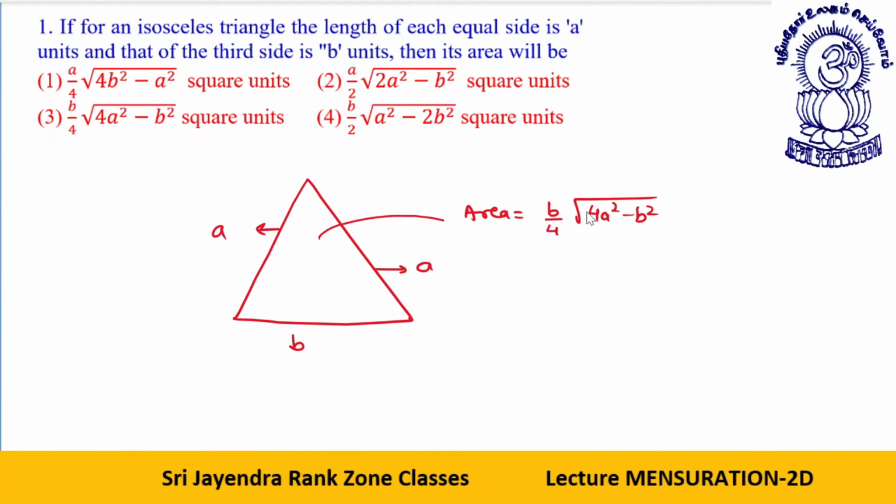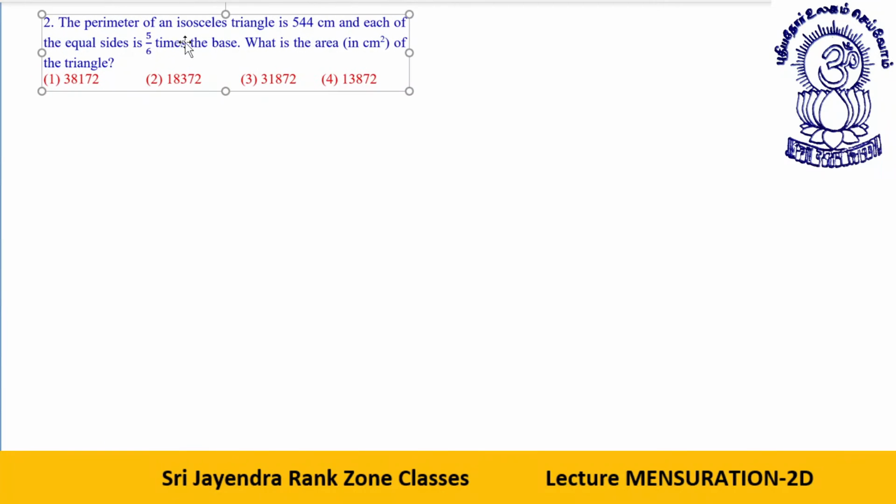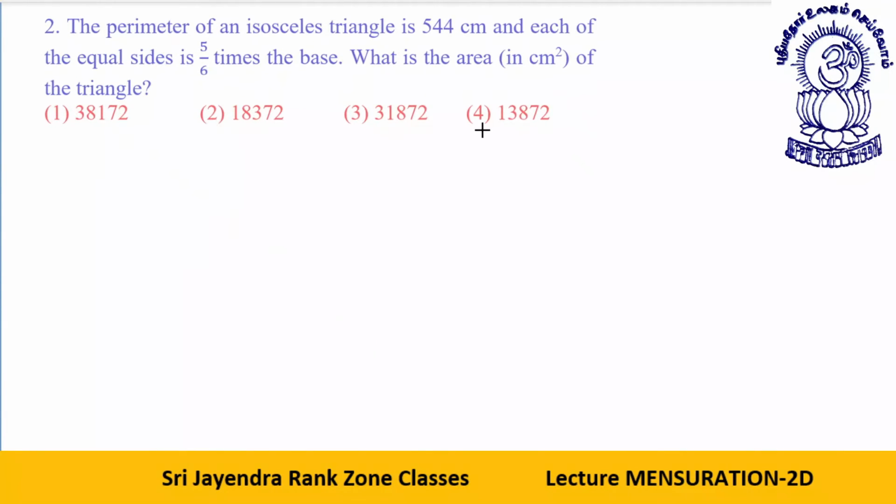Should I take the next one? The perimeter of an isosceles triangle is 544 and each of the equal sides is 5 by 6 times the base. What is the area of that triangle?